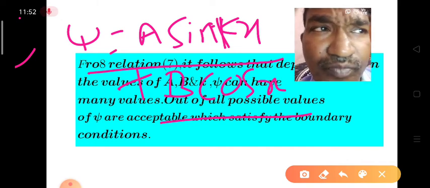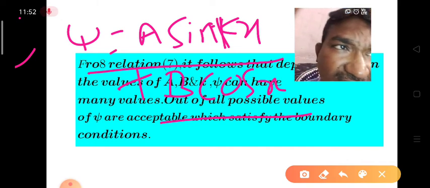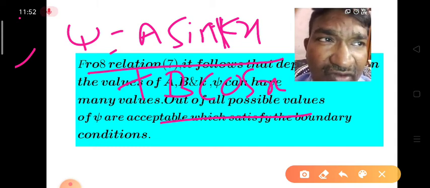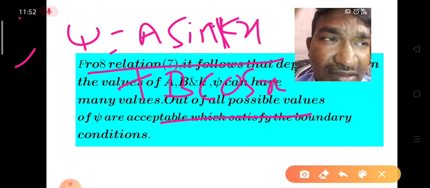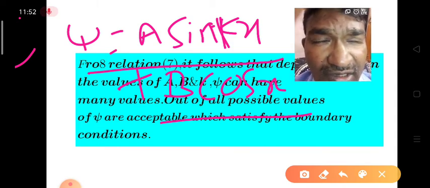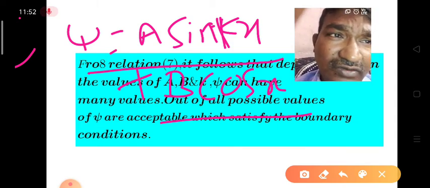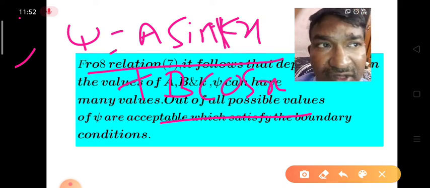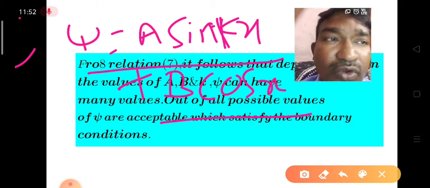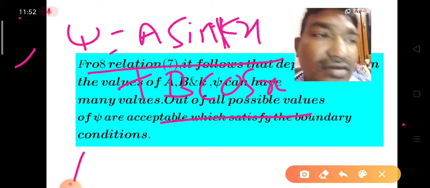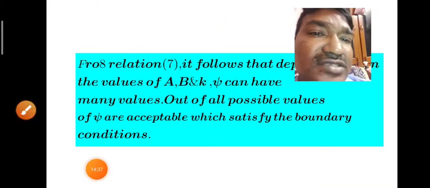On applying that, we get equation 7, a solution for the Schrodinger equation, that is psi is equal to a sin kx plus b cos kx. Then in equation 7 we have to apply the boundary conditions. Now we go for applying the boundary conditions for this equation.